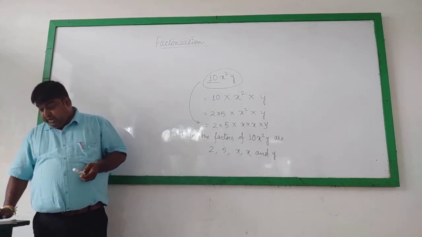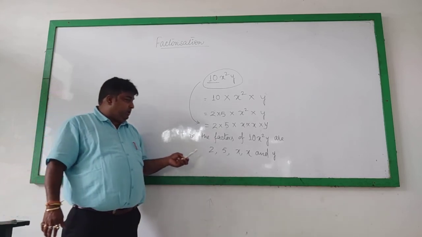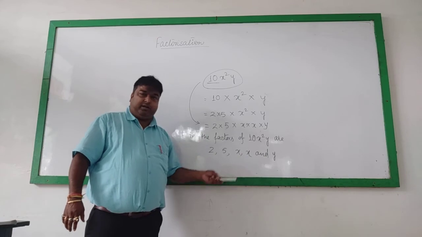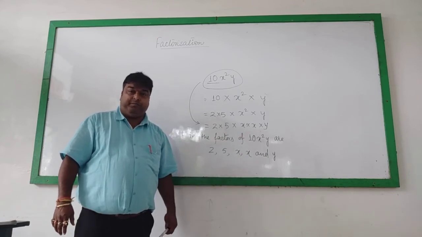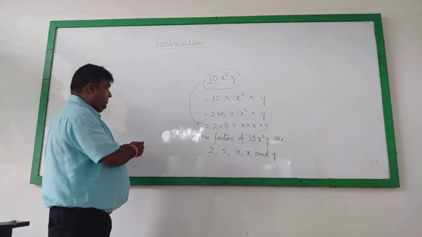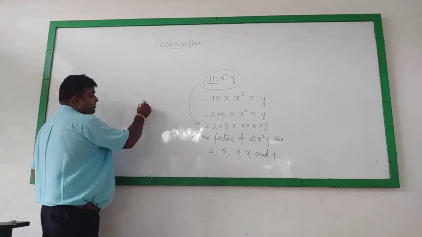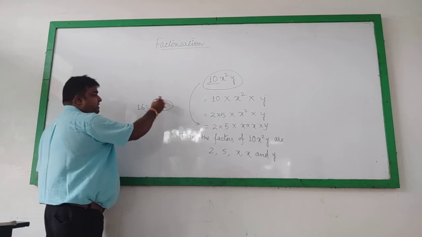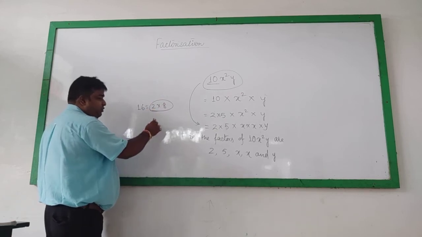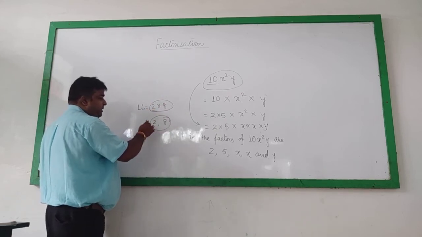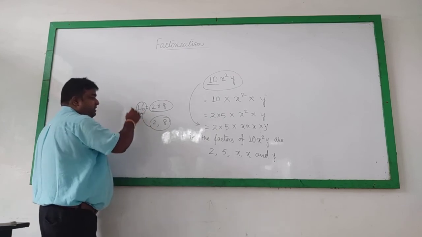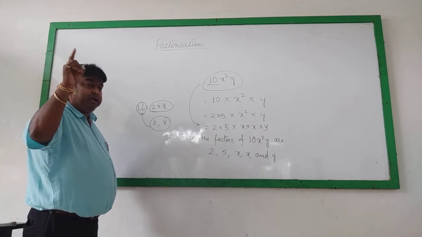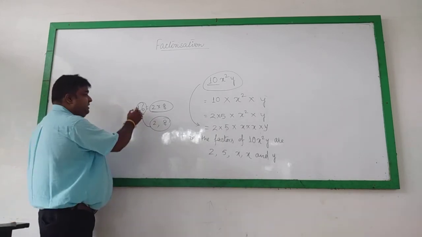Now, these are the factors of 10x square y. Now, what is 10x square y called? Like 16, we are writing as 2 into 8. So 2 into 8 is the factorization form, and 2 and 8 are the factors of 16. Now 16 is called what? Recall, multiple. Yes, 16 is called the multiple of 2 and 8.